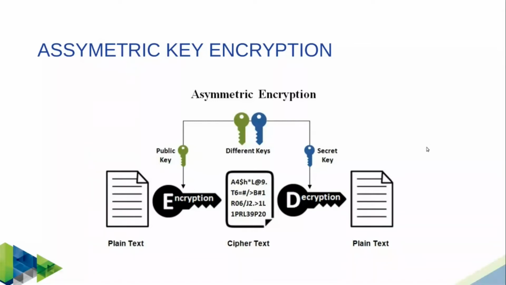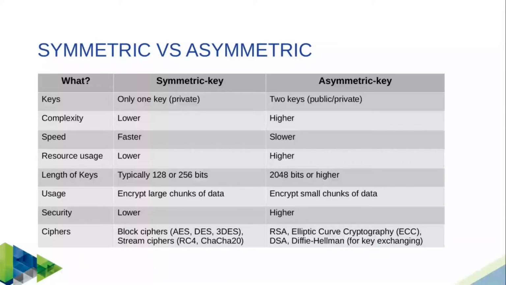We're going to also see that there is no best option here. It depends on your use case, right? There are trade-offs between these two algorithms, and I'm trying to represent this in this table. As mentioned, symmetric uses one key, asymmetric two keys, or a key pair. A symmetric algorithm is lower in terms of complexity, and that means in practice that it will run faster and use fewer resources.